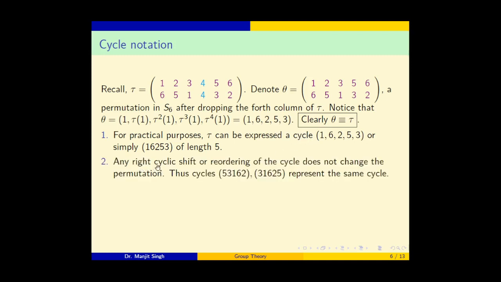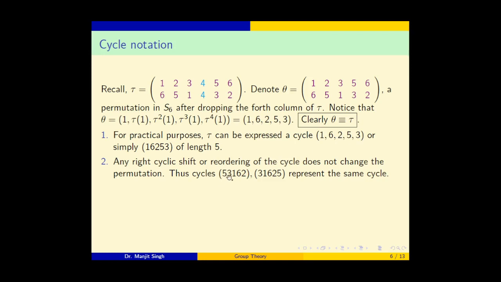Now any cyclic shift, reordering of the cycle, does not change the permutation. It means that we can have many different formulations of a cycle, but if we keep the order of the cycle the same, then they represent the same cycle.